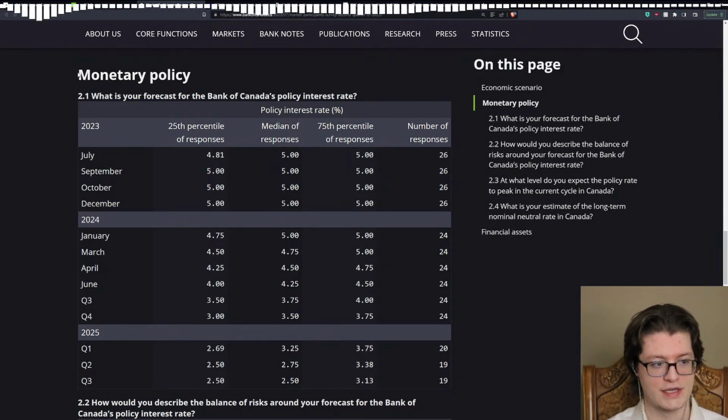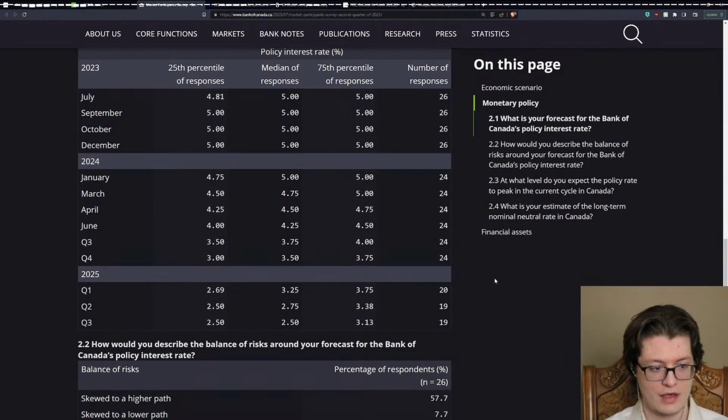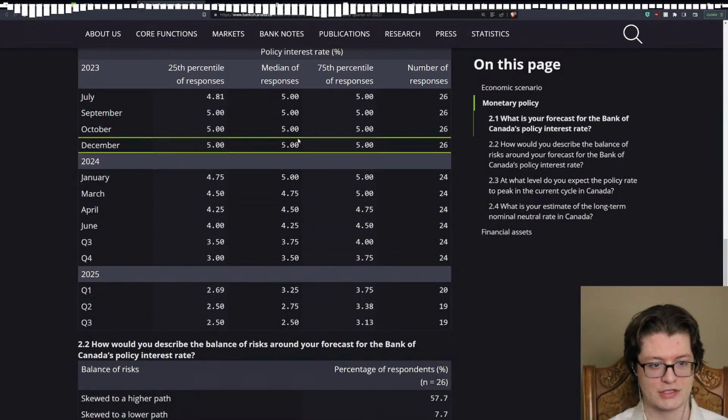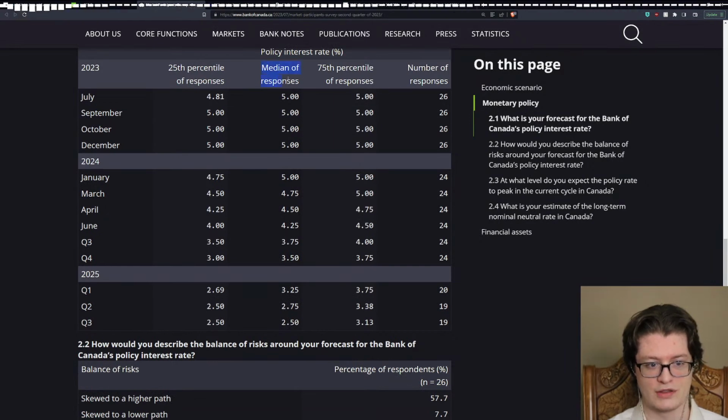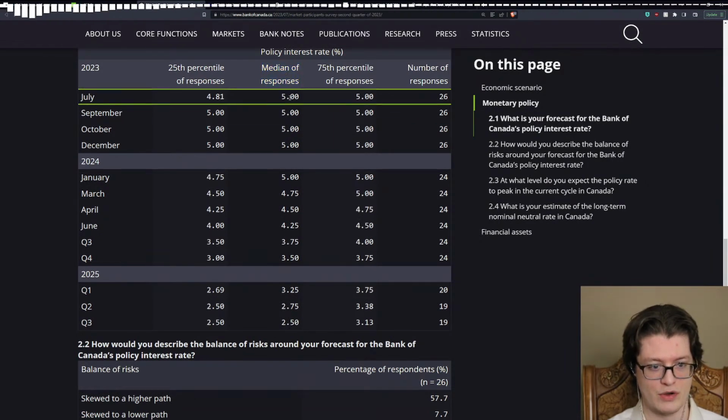And this is the survey response for monetary policy. So where do you think the Bank of Canada's policy interest rate's going to be? And if you look at this information, here's the median, the 50th percentile. That's the information we want.